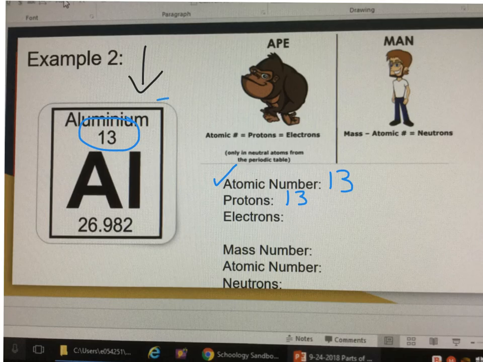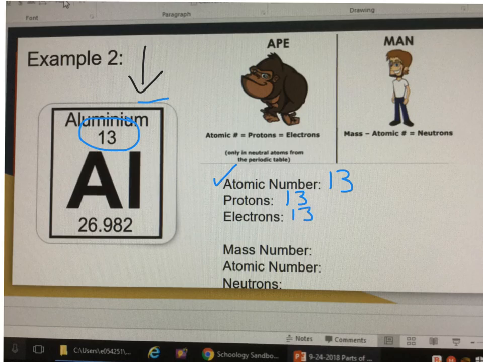Now, there is no charge. If you had a charge, you would see like a +1 or +3 over here on that side. And that would change your electrons. And we'll do that tomorrow or on Wednesday, okay? But here there's no charge. So that means that your protons are the same as your electrons as well, okay?